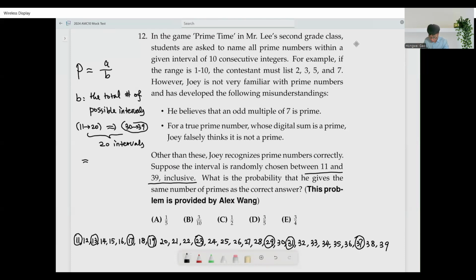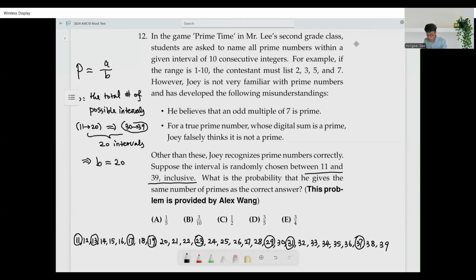In other words, we have the denominator B equals 20. We should find A, that is, how many intervals, based on Joey's misunderstanding, he still finds the same number of prime numbers as the correct answer. So let's mark all prime numbers from 11 to 39. They are 11, 13, 17, 19, 23, 29, 31, and 37.